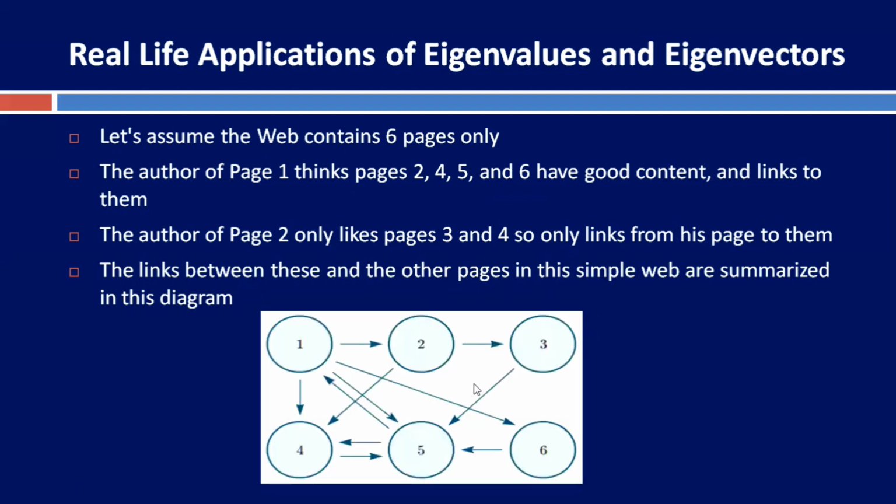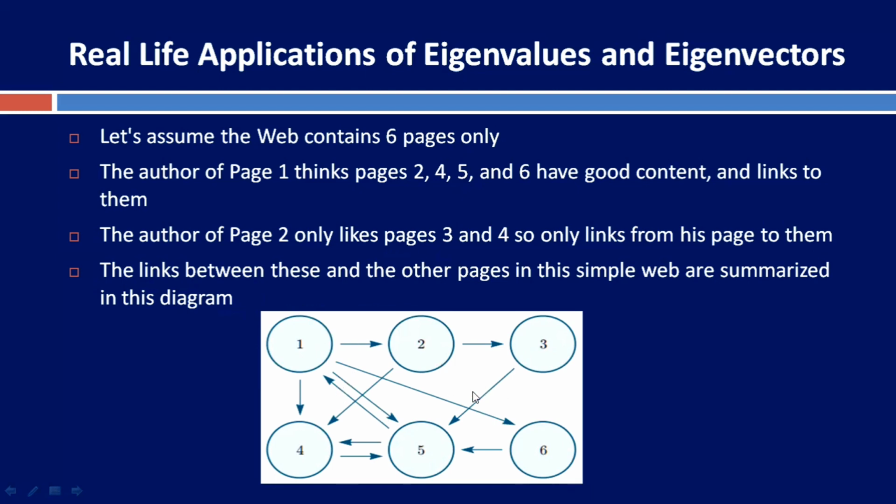For example, in this diagram, you see these are our 6 pages. This is the author of page 1. The author of page 1 likes pages 2, 4, 5 and 6, so he linked 1 with 2, 1 with 4, 1 with 5 and 1 with 6.